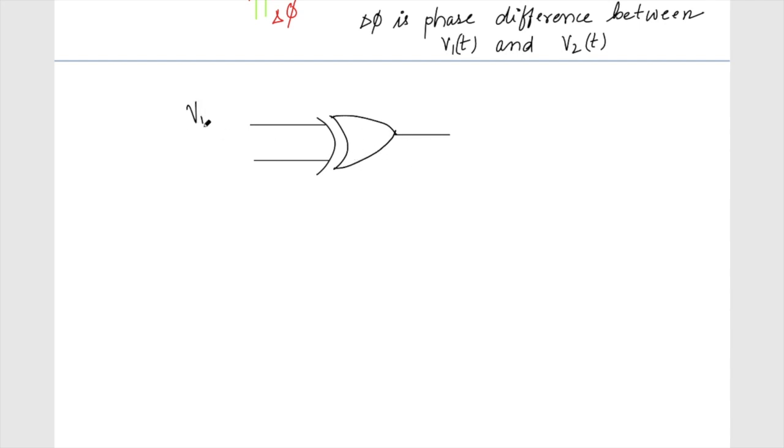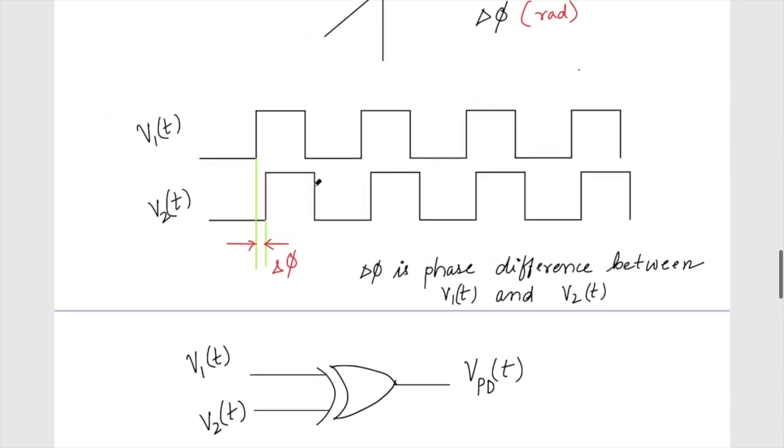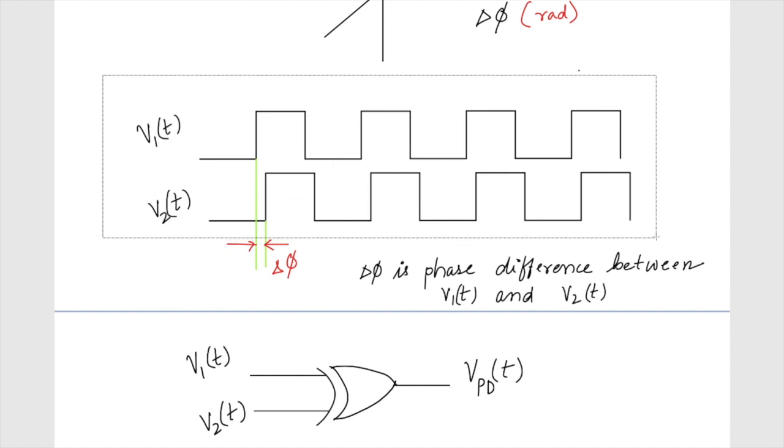So here I have V1(t) and V2(t), and of course we have the V_PD(t), and this XOR will spit out a logic high whenever there is a difference in the phase between these two. Else if both of them are the same, it will spit out logic 0.